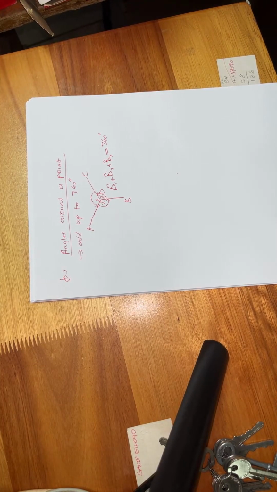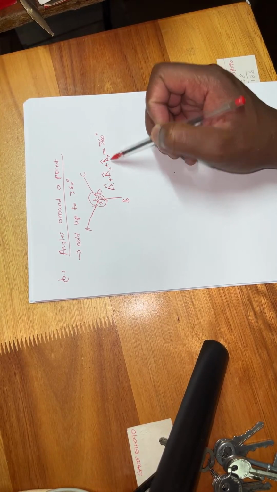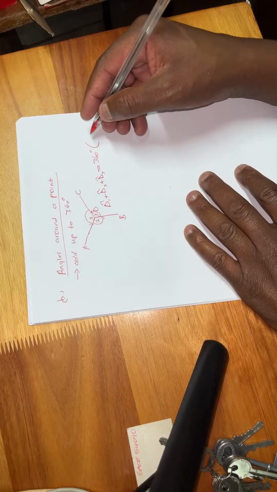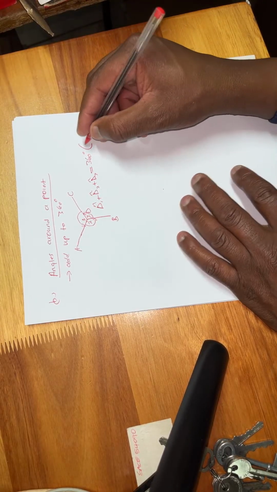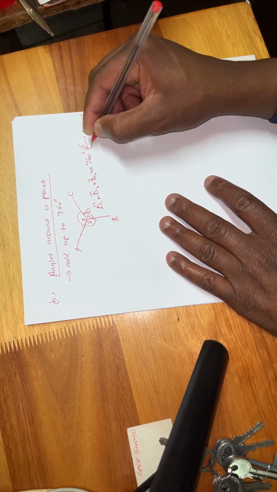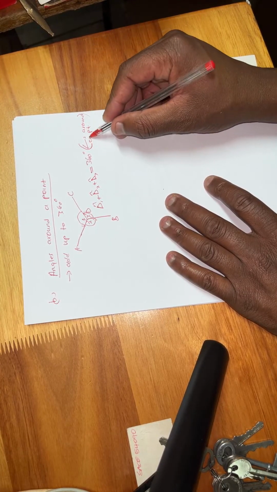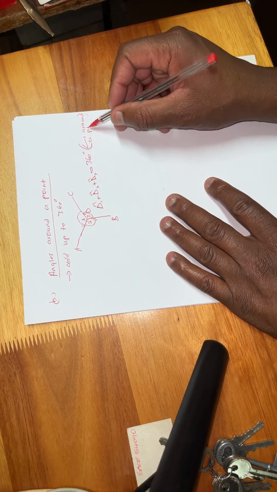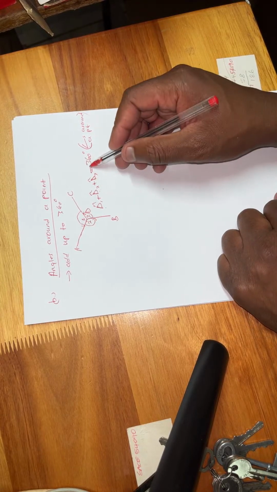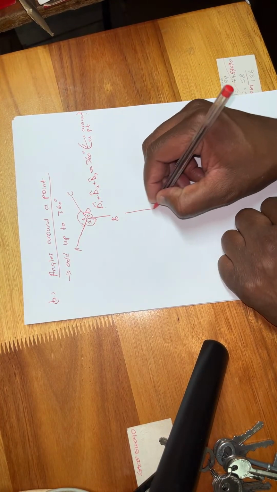The reason is, D1 plus D2 plus D3 equals 360 degrees because they are angles around a point, PT. So D1 plus D2 plus D3 equals 360 degrees.